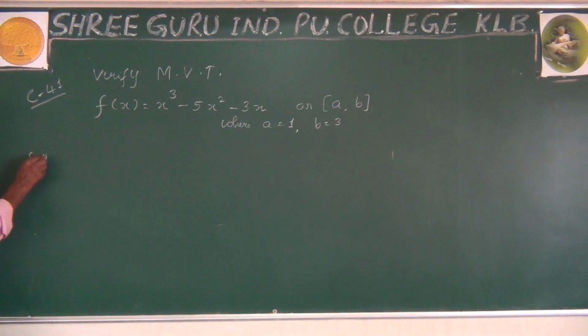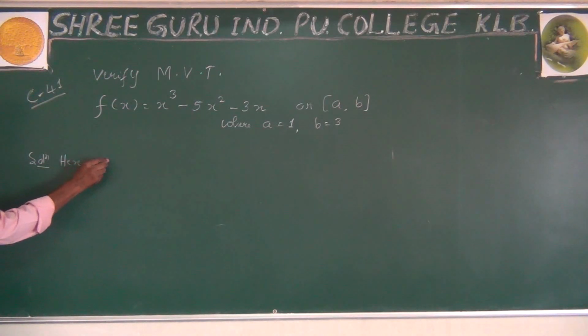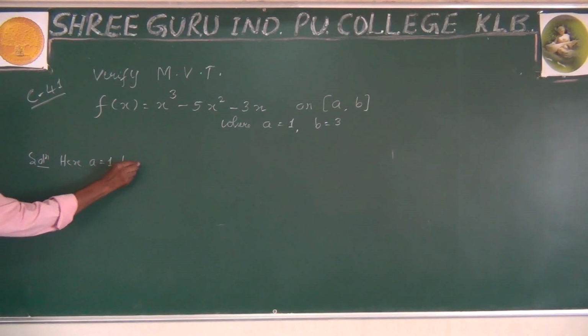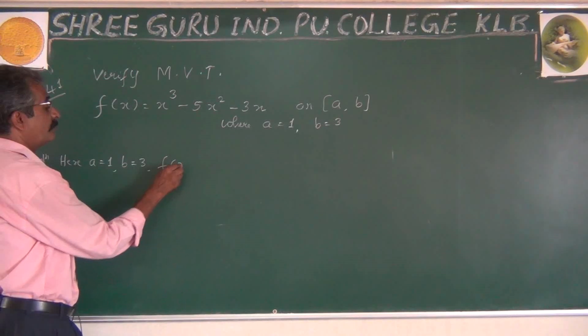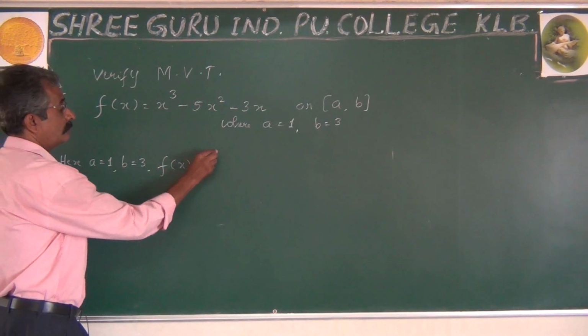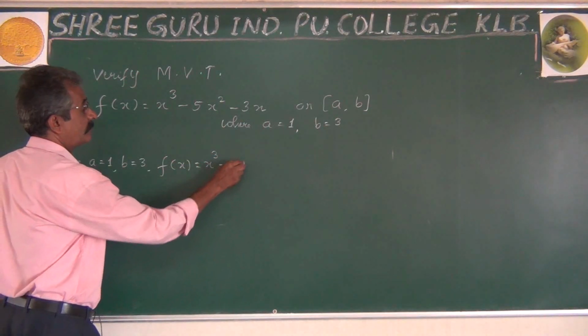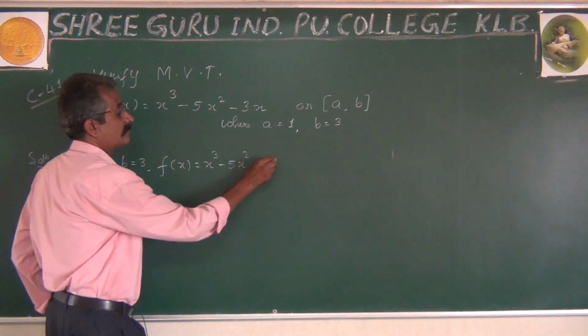Solution: as given in the question, here a is 1, b is 3, and also f of x is defined as x cube minus 5x square minus 3x.